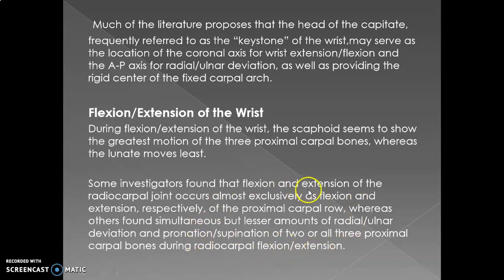It is a bit confusing. I will clear it out. These studies are talking about how the distal carpal bones are moving when wrist flexion and extension is happening. We'll talk about that in the next part.